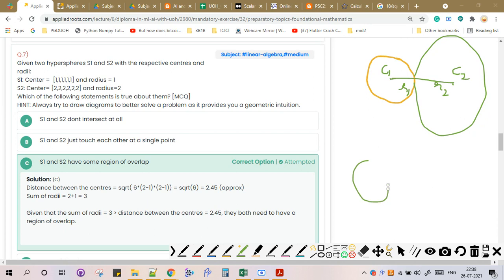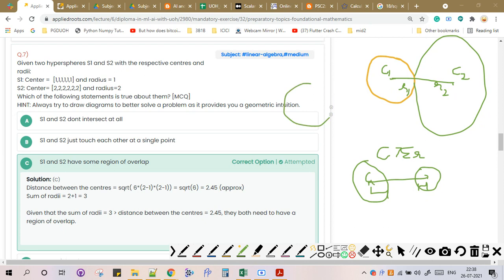If they are not intersecting each other, let me take another two circles. Then the distance between the two centers would be greater than the summation of R1 and R2. The summation of R1 and R2 would be less than the center distance C1 C2.